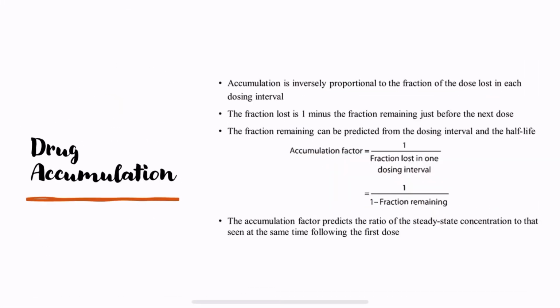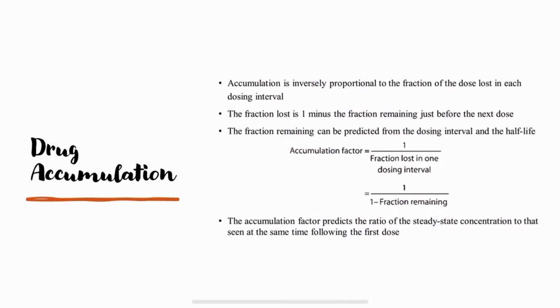Drug accumulation is inversely proportional to the fraction of the dose lost in each dosing interval. The fraction lost is 1 minus the fraction remaining just before the next dose. The fraction remaining can be predicted from the dosing interval and the half-life.